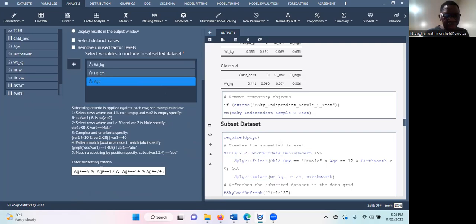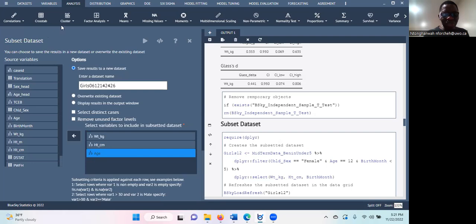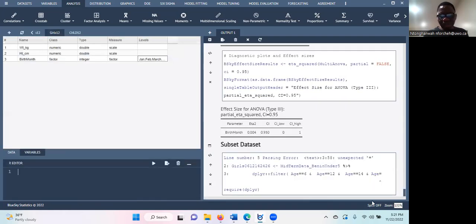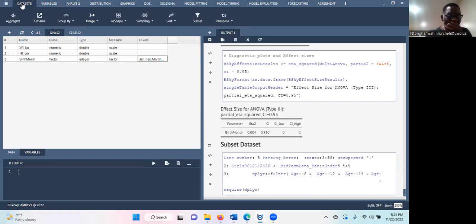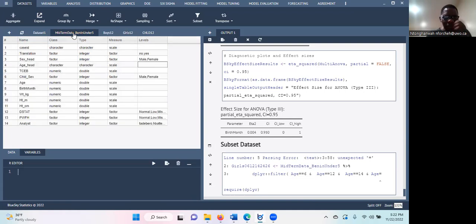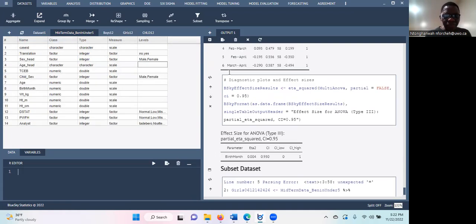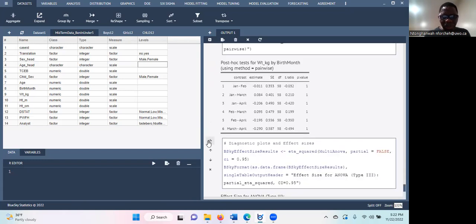Age is 6. No, this will not work. There's nobody in that age. If I do okay, there will be no data generated. Just to show you that no data will be generated. Okay, there's no child there. Or there's an equal sign, which is wrong anyway. So let's go back to the data set.